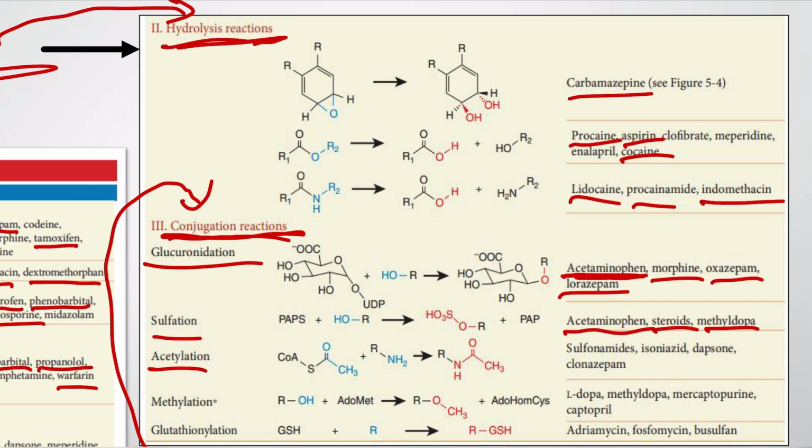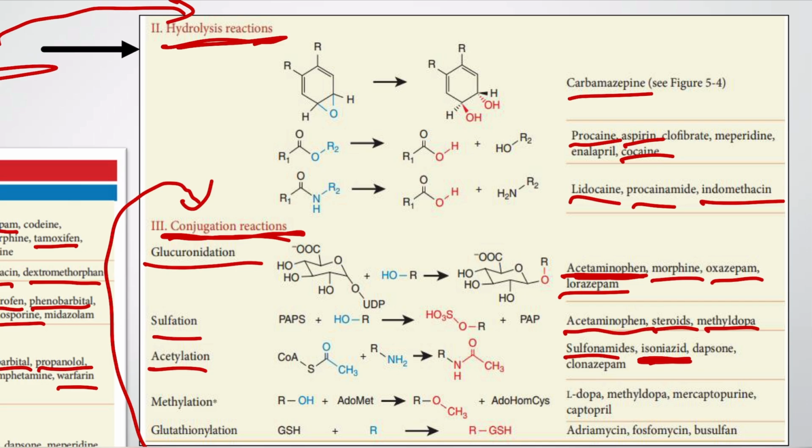Next is acetylation in the case of sulfonamides and isoniazid. Isoniazid we have to remember, as I have already mentioned, has slow acetylators and fast acetylators. It is one of the starting drugs which made us think about the possibility of pharmacogenetics, that is the genetic factors influencing the drug response.